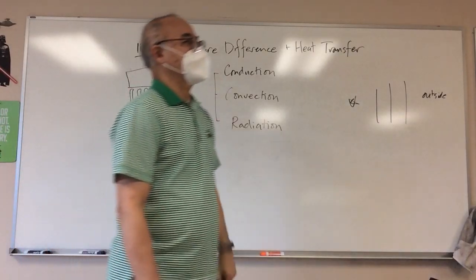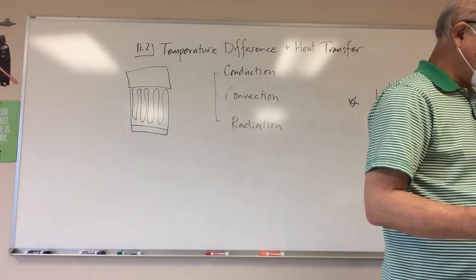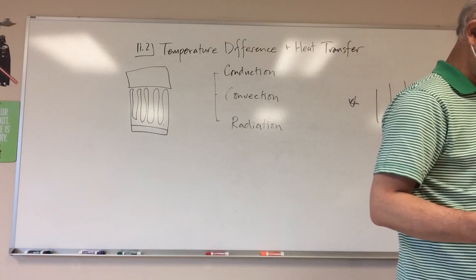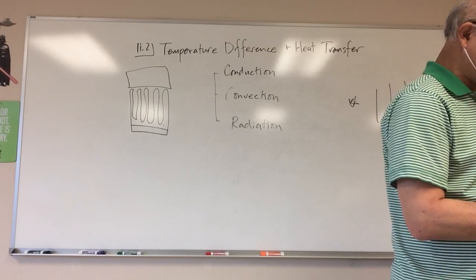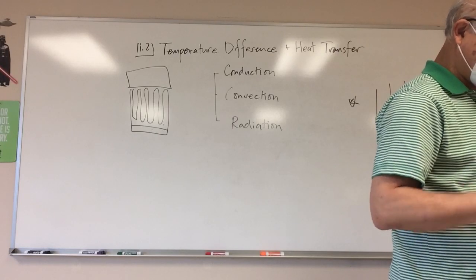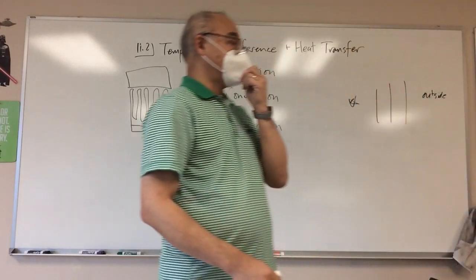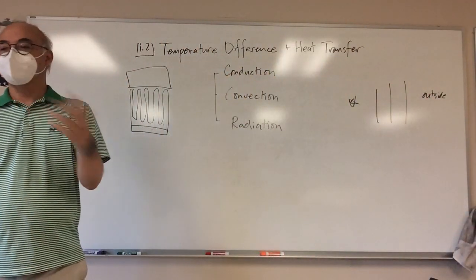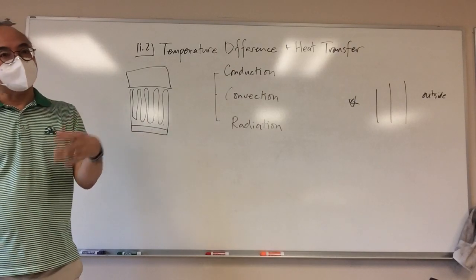So let's go ahead and now look at conduction. The plan of attack is this. The first half today we're going to talk about conduction. Second half we're going to talk about convection. Then I'm going to give you a bunch of homework, which is way too much for you to handle today.